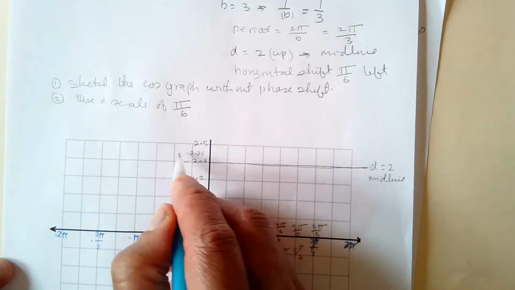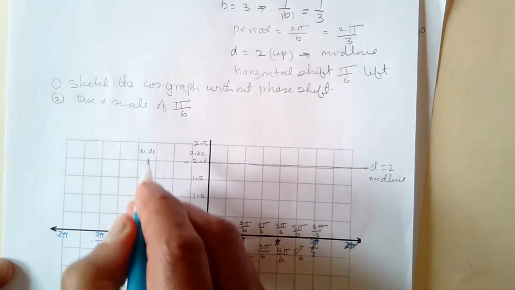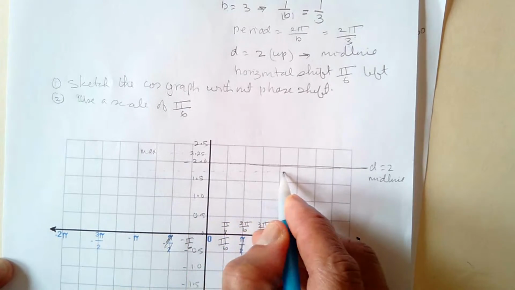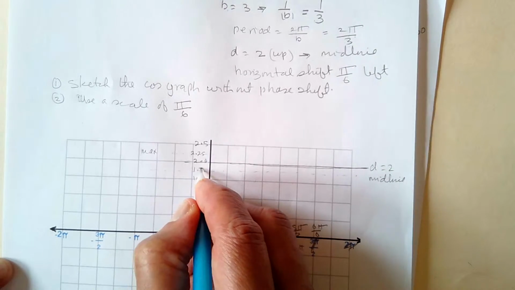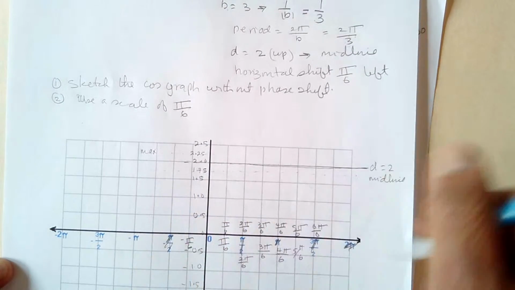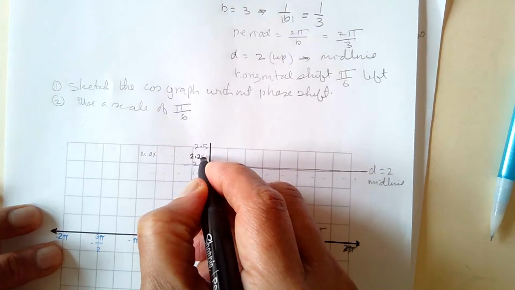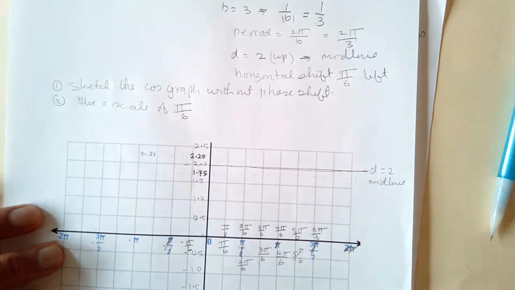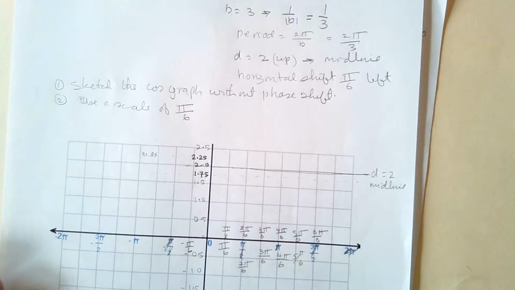And our minimum should be right down here, 1.75. So I'll put that in ink. So here is our 2.0, our midline.